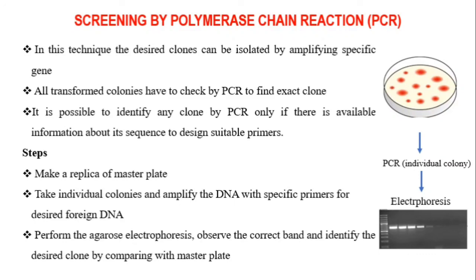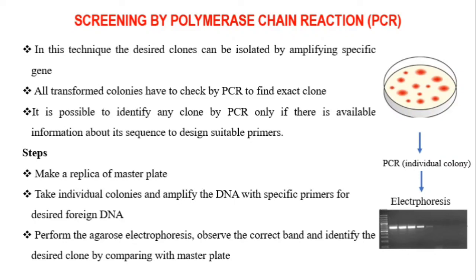If we have an idea about the sequence of our desired DNA, then we can easily design the primers for the PCR, and easily select the desired clone from this mix of clones.